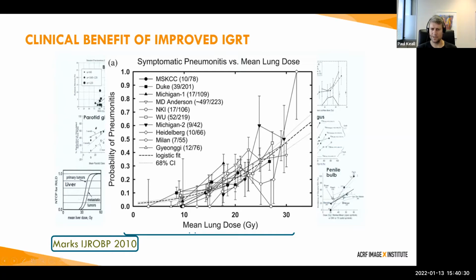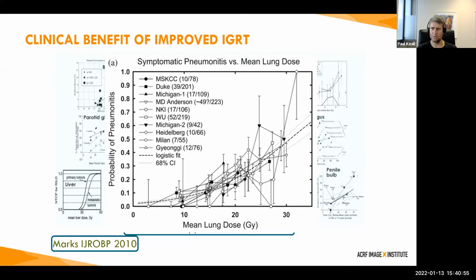So it's very clear that as we give more radiation dose to the patient, the likelihood of toxicities increases as well. We can model how much we will benefit from reducing the radiation dose.